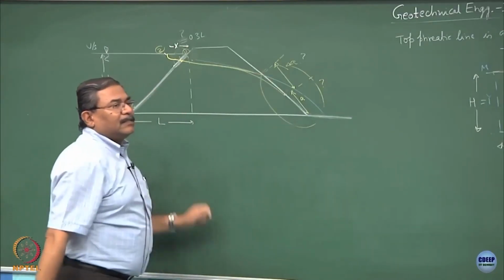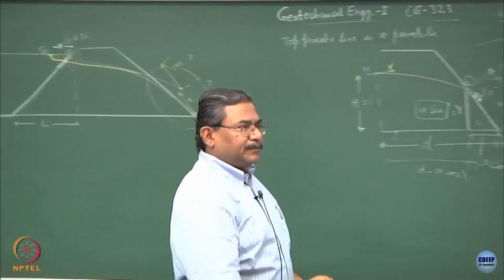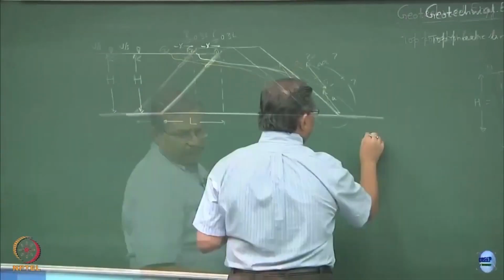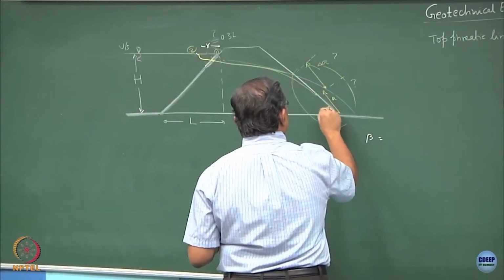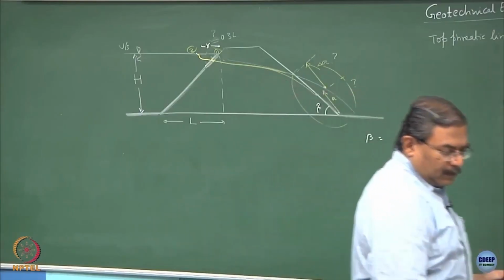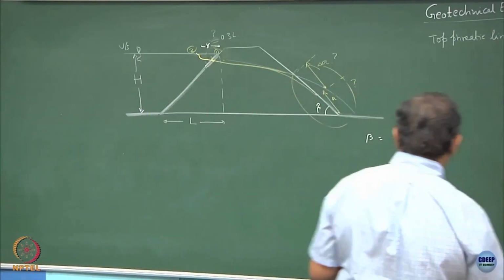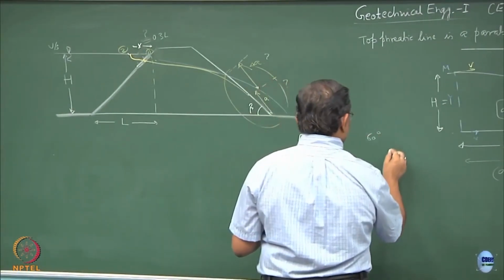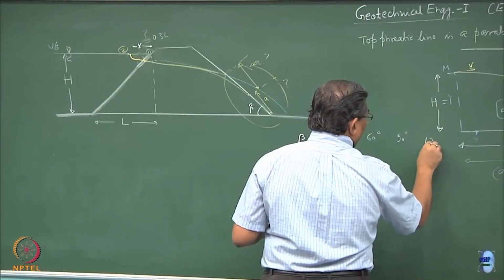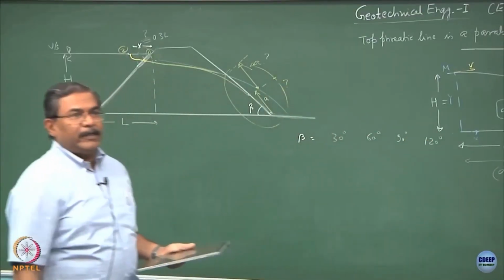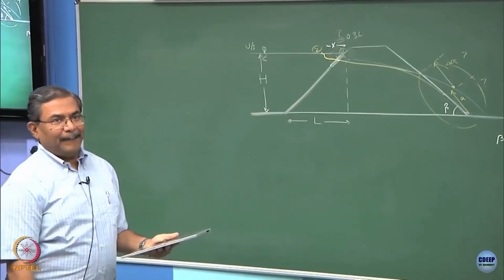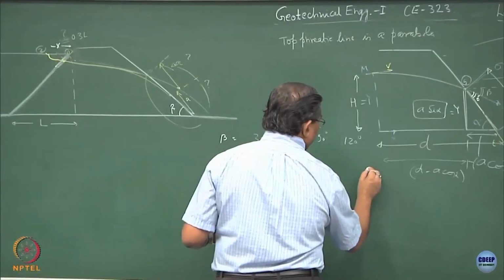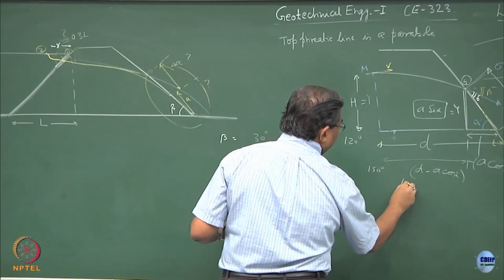So, what people have done is they have come out with design charts, and in design charts if beta is known, where beta is the downstream slope angle, if this is 30 degree, 60 degree, 90 degree, 120 degree, is it possible 120 degree? It is possible. We will discuss such cases. 150 degree, 180 degree.